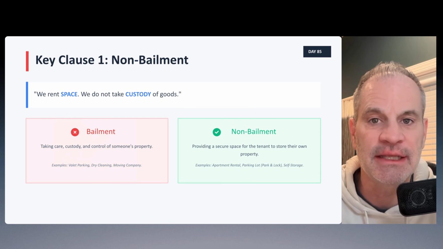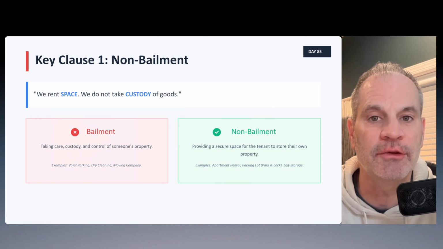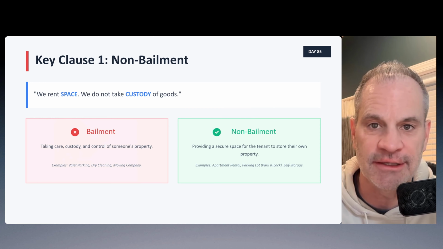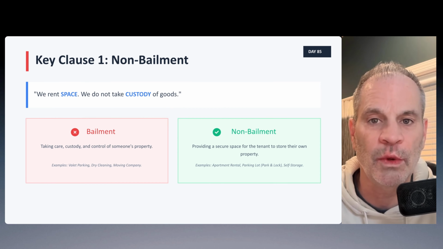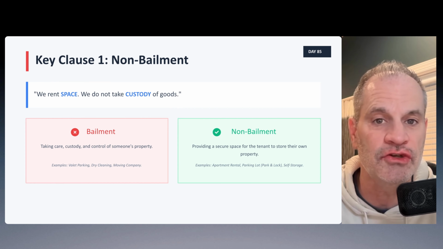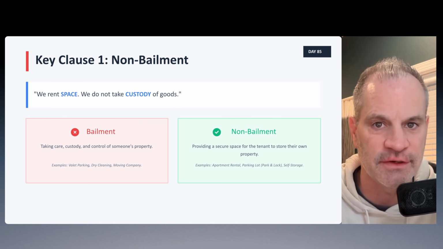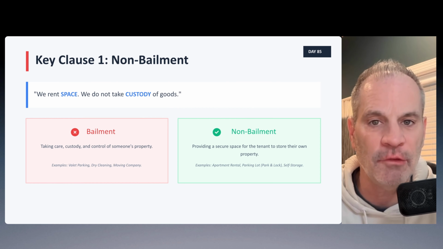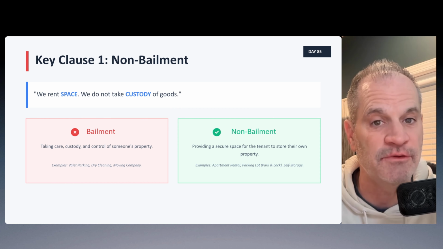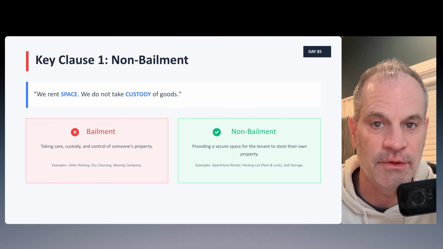non-bailment. The non-bailment clause is arguably the most critical clause in your entire lease. Remember, we rent space. We do not take custody of goods. Bailment means you take care, custody, and control of someone else's property, like a valet parking service, for instance. Non-bailment means the tenant is responsible for their own property inside the unit.